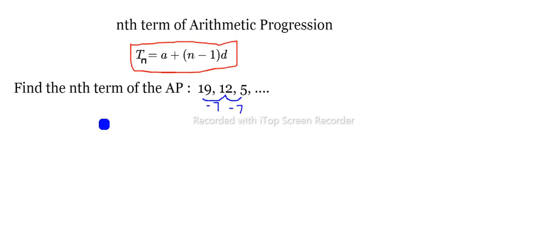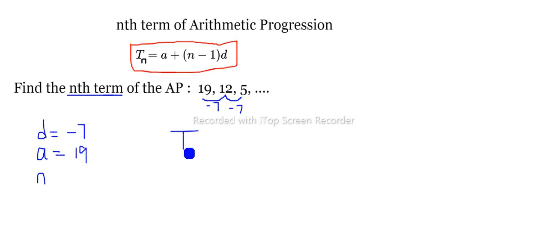So from there we write our d, a, n. Our d here is the common difference, which is minus 7. Then our first term here is 19. The n we want to find is the nth term, so we don't know the n. So we write our formula for the expression of the nth term.